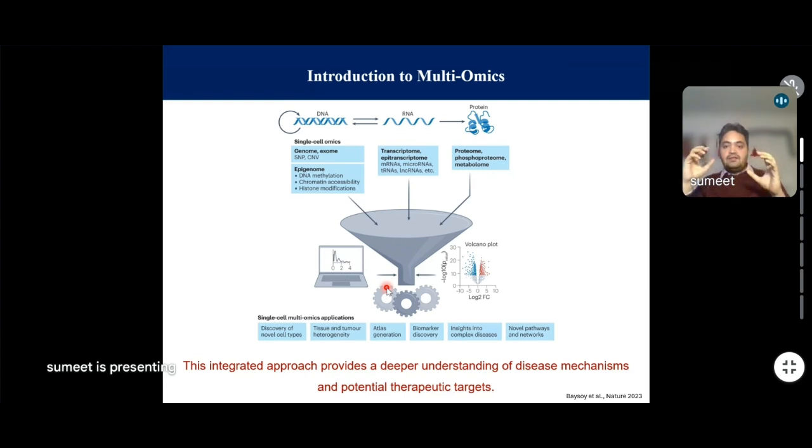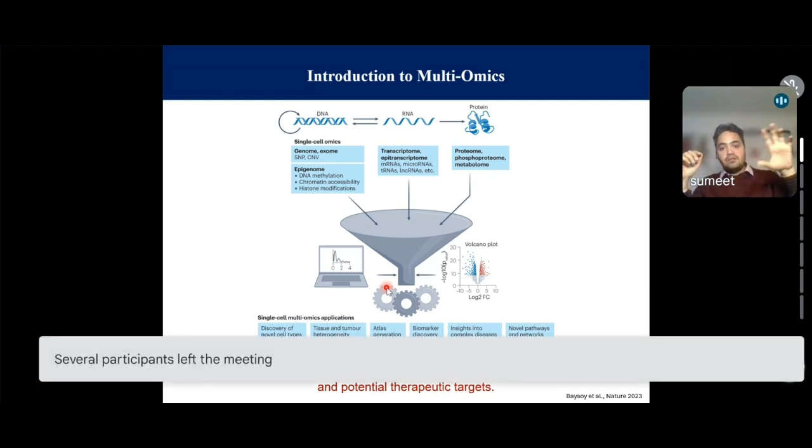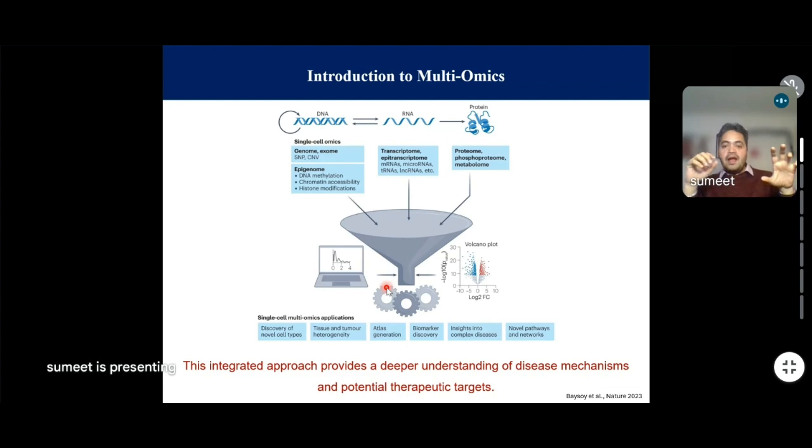Multiomics, as the name itself suggests, is multi, meaning there are multiple different technologies, and then omics, meaning it is an untargeted approach. So I'm sure most of you have performed some qPCRs or normal PCRs, Western blots, or you have looked at some specific mutation by doing a simple PCR.